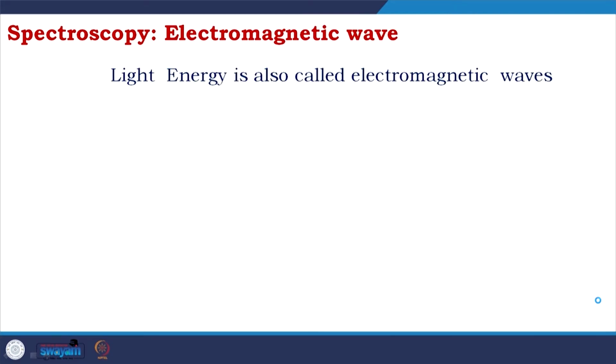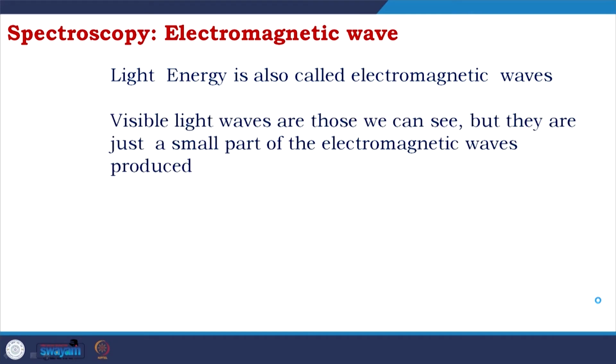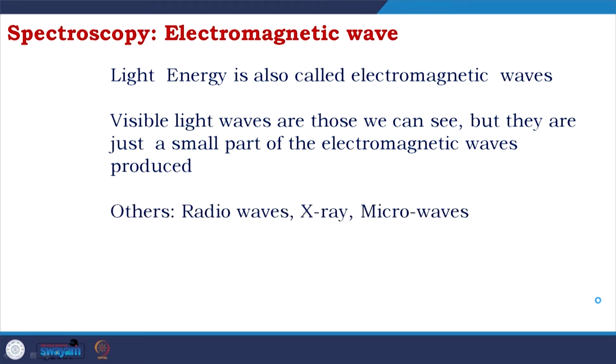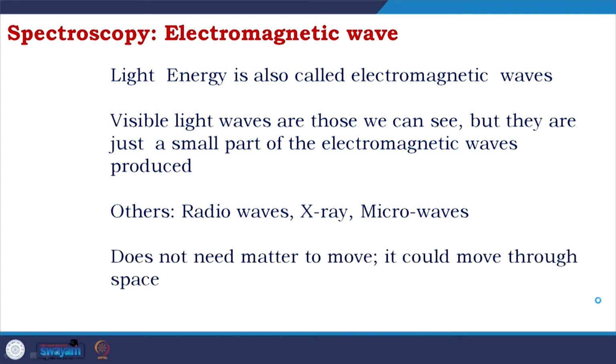Light energy is also called electromagnetic waves. Visible light waves are those we can see, but they are just a small part of the electromagnetic waves produced. Others are radio waves, X-rays, microwaves and many more. It does not need matter to move because it could move through space.